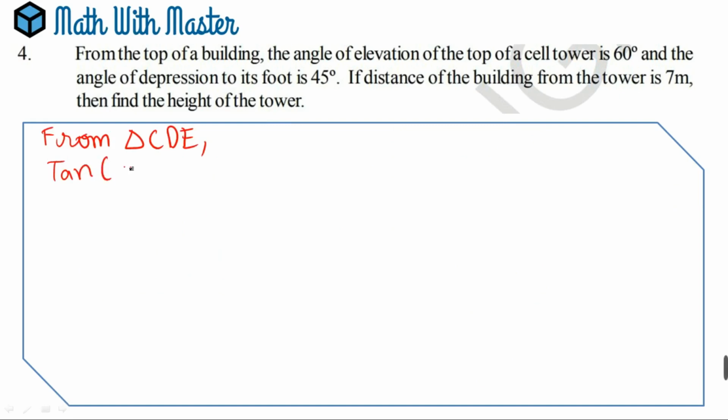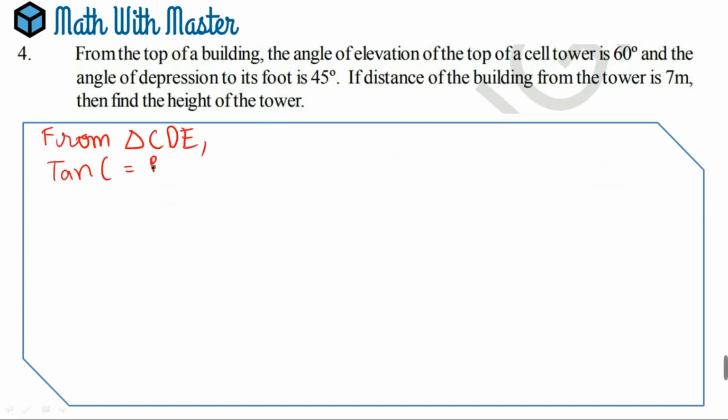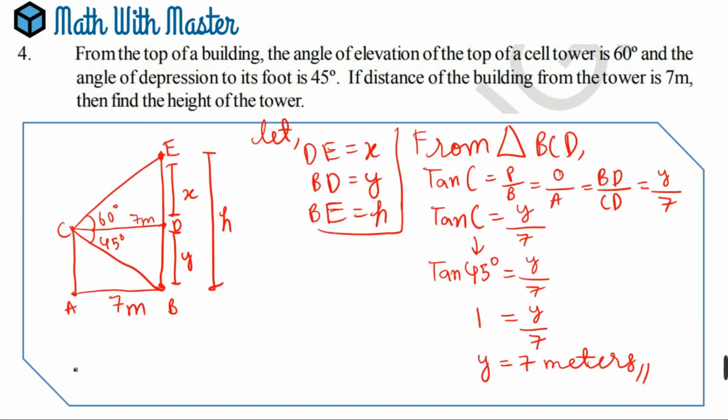Tan C. Now why are we using tan C here? Because the perpendicular and base are involved here. So tan C is equal to perpendicular upon base, which is also equal to opposite upon adjacent. Both are the same, don't confuse. Which is equal to DE upon CD.